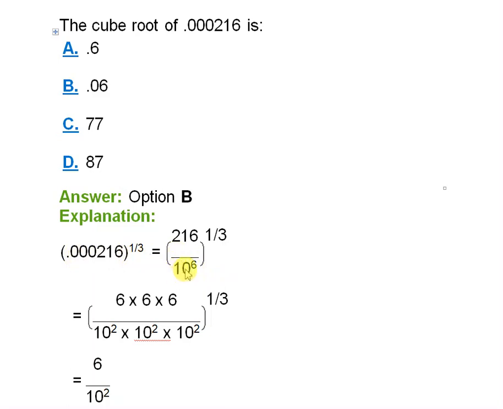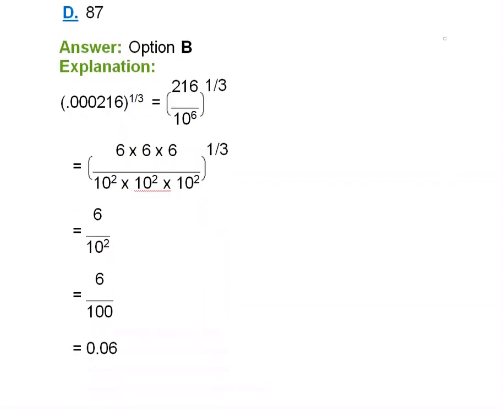So 216 can be written as 6 into 6 into 6, and 10 raised to the power 6 can be written as 10 raised to the power 2 into 2 into 2, and in all we have raised to the power 1 by 3. Now we know that this is a cube root basically, so we'll take it 6 by 10 square, that means 6 by 100, that is 0.06, your answer, which is option B here.